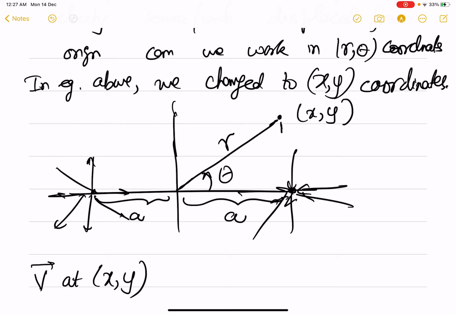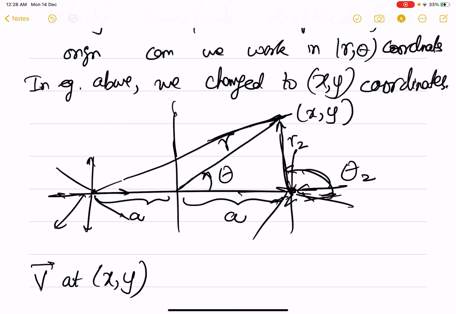Suppose I join x comma y with the sink, let this be called r2, and let this angle from the x-axis be theta 2. And let me join this point here like this, and let this angle be theta 1, and let this distance be r1. Assume it's a straight line. Well, it has turned out slightly messy here.